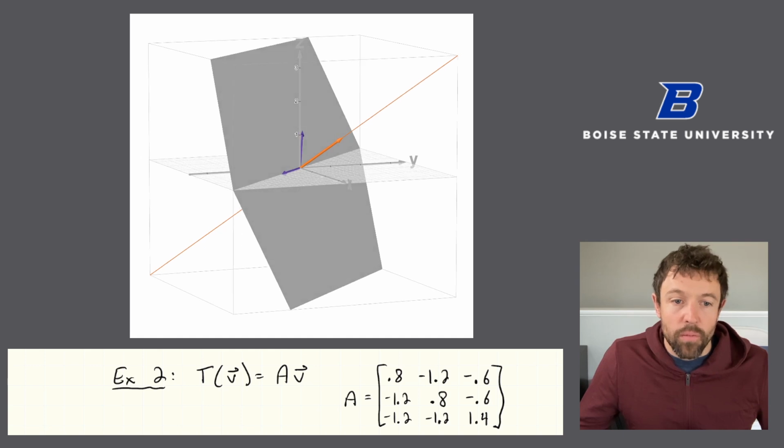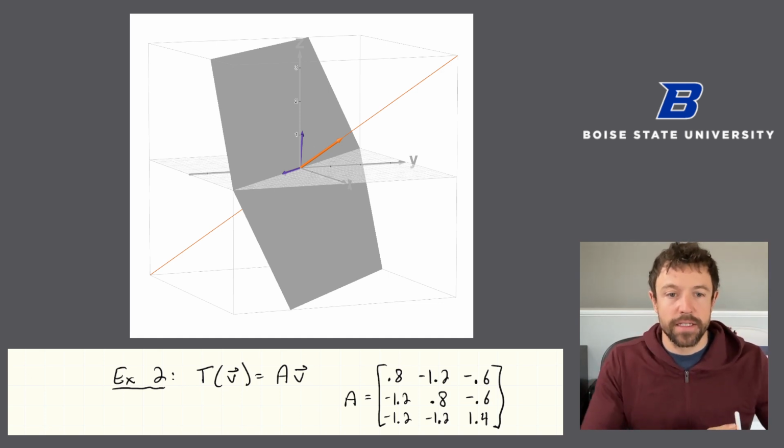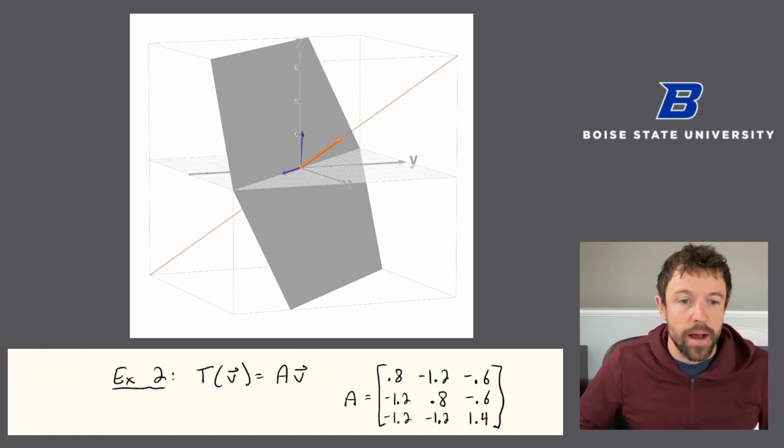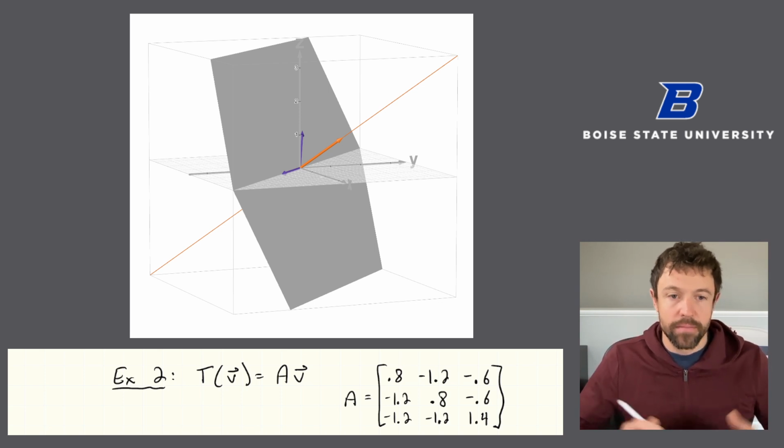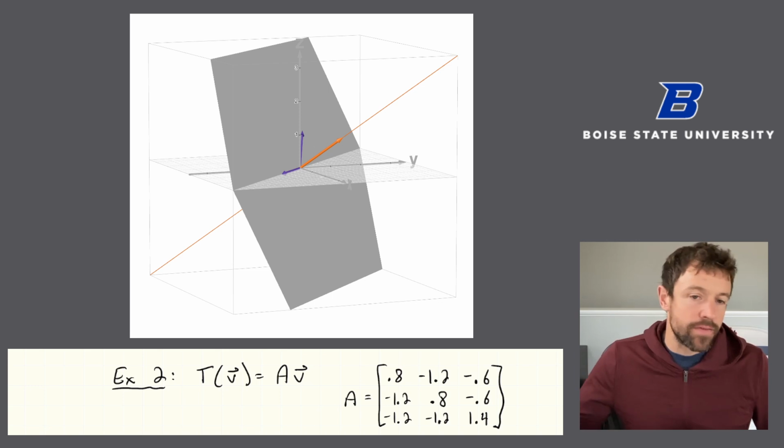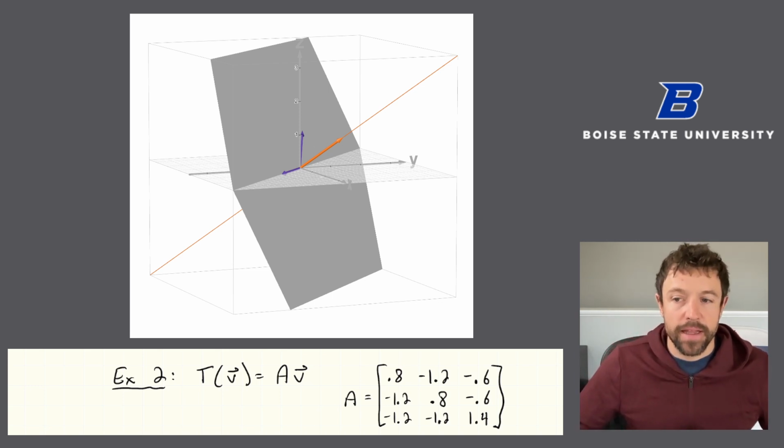Once we know that it's doing that, we know what it's doing to all of space. So this mysterious linear transformation becomes a lot less mysterious. In fact, what it's doing is stretching out this gray plane by a factor of 2, and it's flipping things on this orange line, and then any other vector is just determined by this.